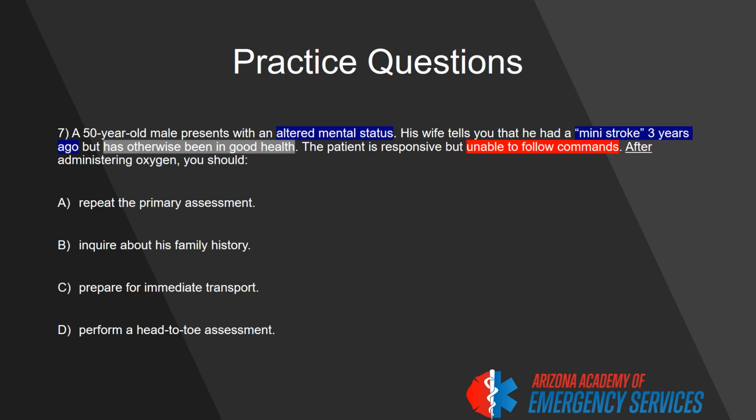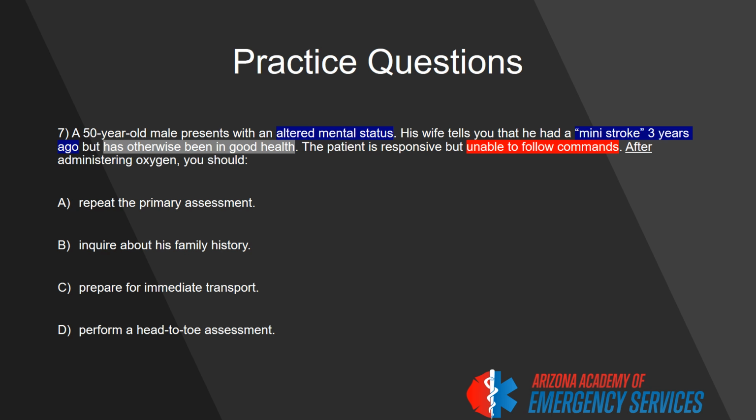Now, what's significant about that is, for National Registry, we need to understand what a TIA is, as well as the very significant fact that patients that experience a TIA have an extremely high chance of experiencing a real stroke, a real cerebral vascular accident.